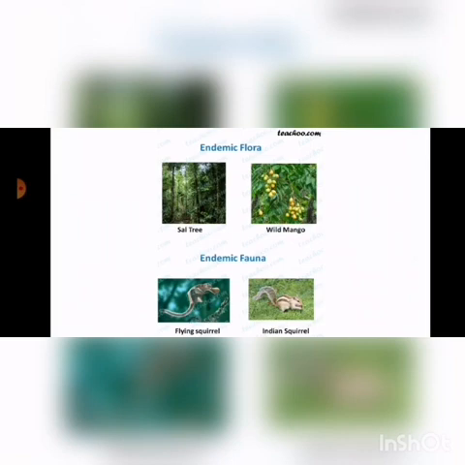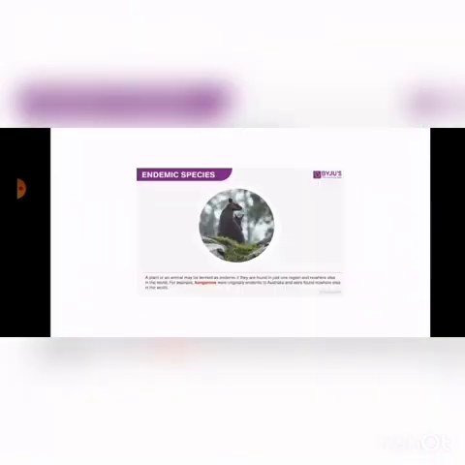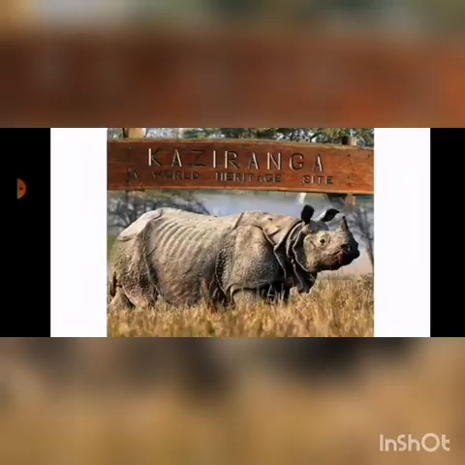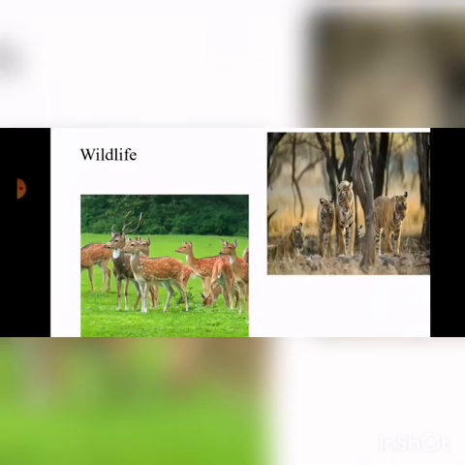Then we go to wildlife sanctuaries. Wildlife sanctuaries are reserved forests where wild animals are protected and provided with suitable living conditions.